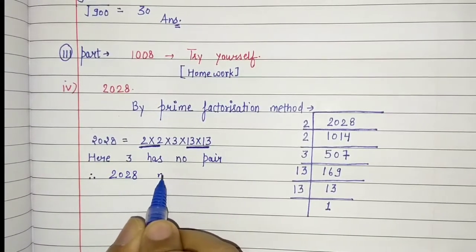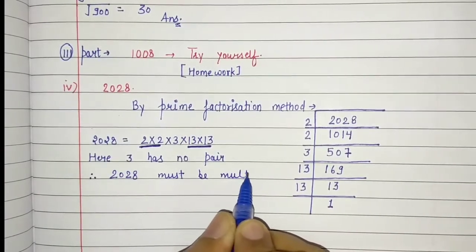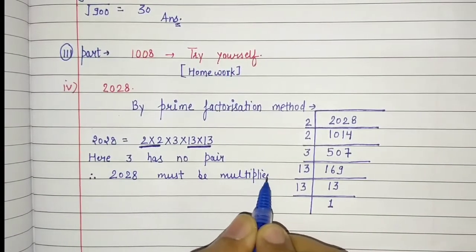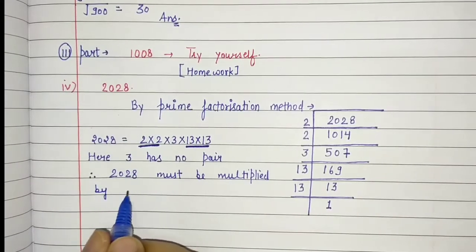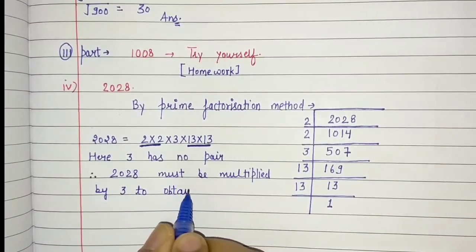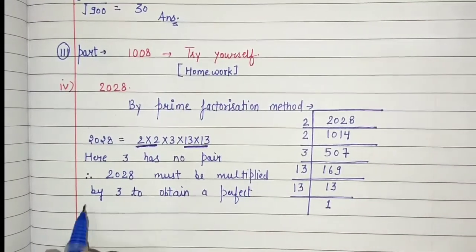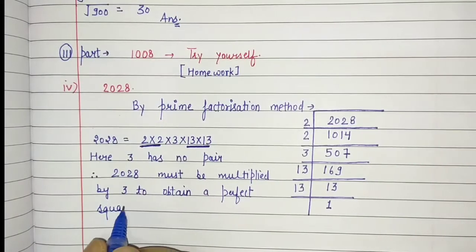Therefore 2028 must be multiplied by 3 to obtain a perfect square number.